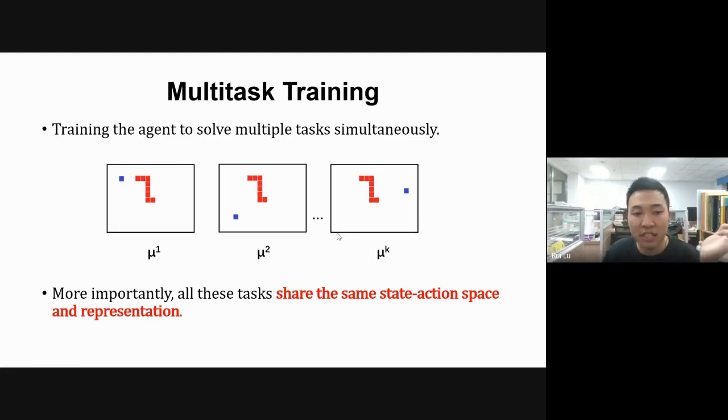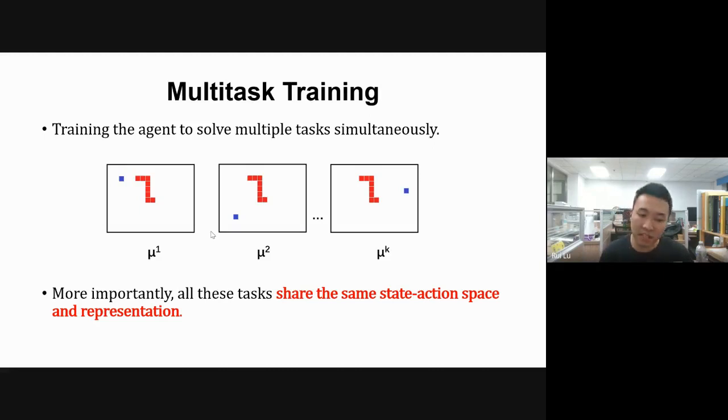More importantly is the representation function for all these tasks. If they are all linear MDP tasks, then all these tasks should share the same representation. So when you train the agent to solve all these multiple tasks simultaneously, it is believed that this agent can learn what a good representation is from all these different tasks.